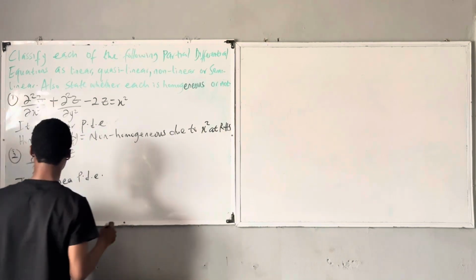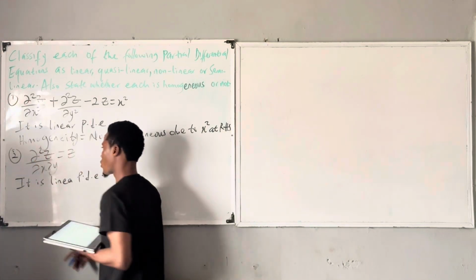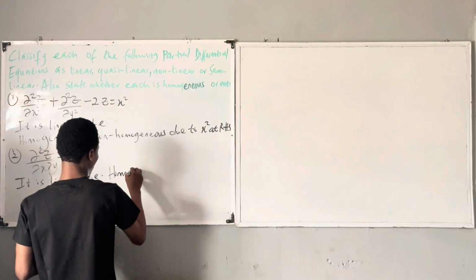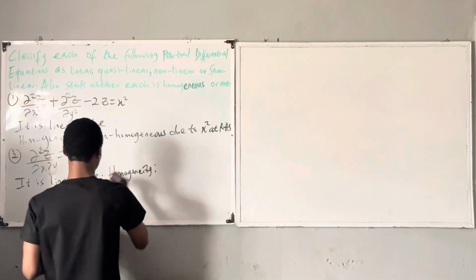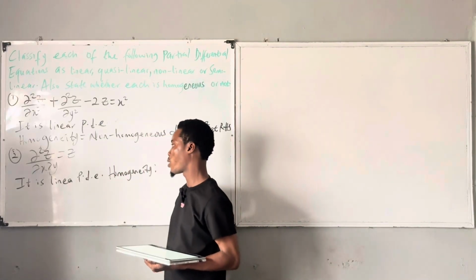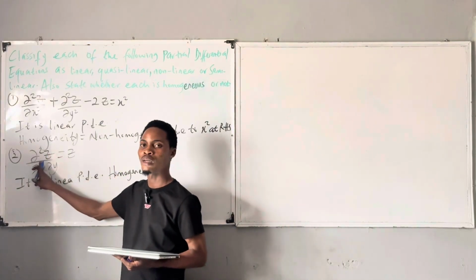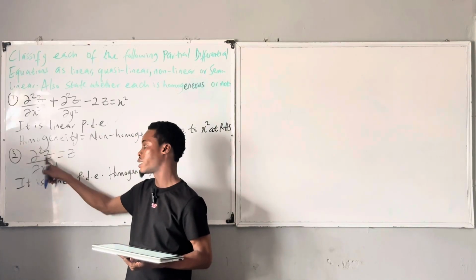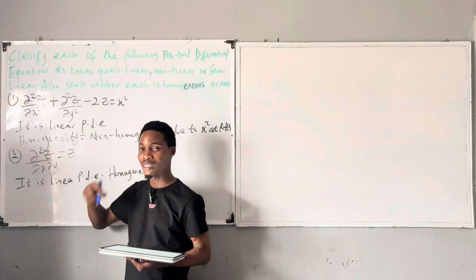So let us take the homogeneity. Is it homogeneous or non-homogeneous? This is homogeneous. Why? Because the first term contains the partial derivative of the dependent variable, which is z. Then the second term has the dependent variable.